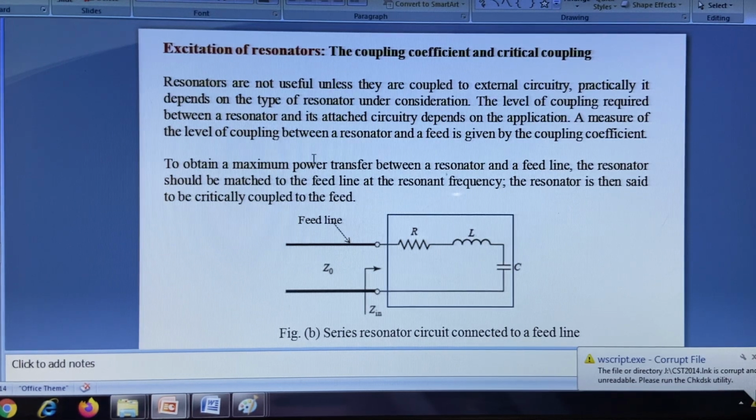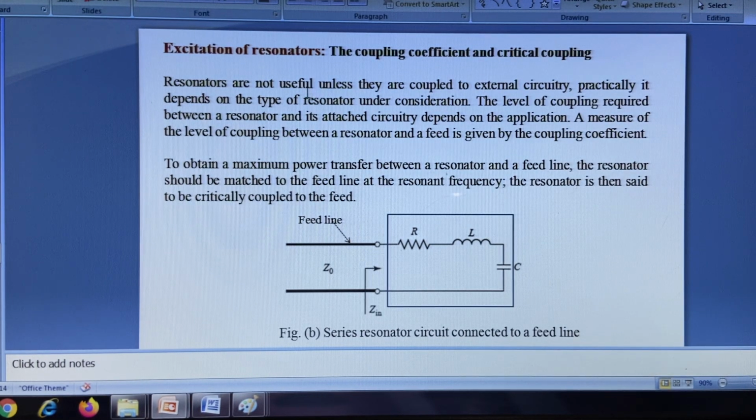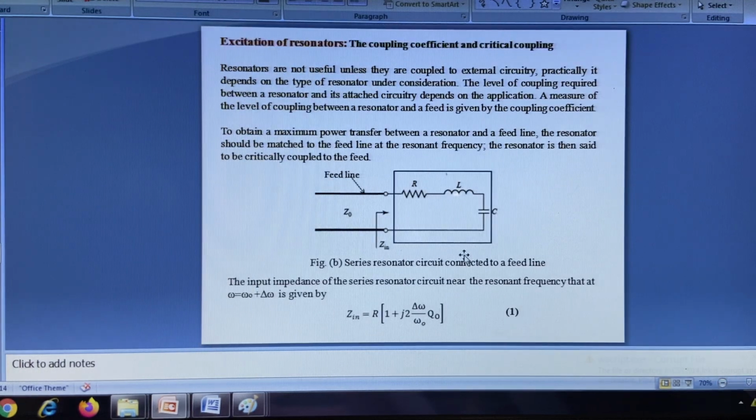In the previous topic we studied coupling coefficient and external quality factors. Now we will see in this topic the excitation of resonators. Resonators are not useful unless they are coupled to external circuitry. Practically, the external circuitry needed depends upon the type of resonator under consideration.